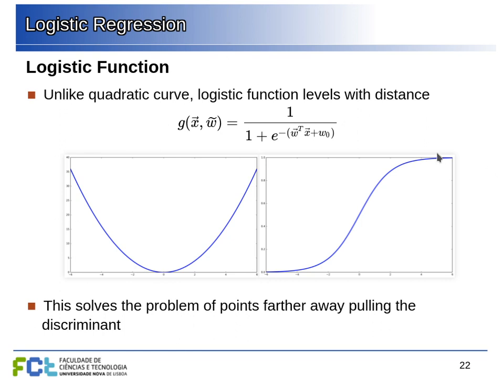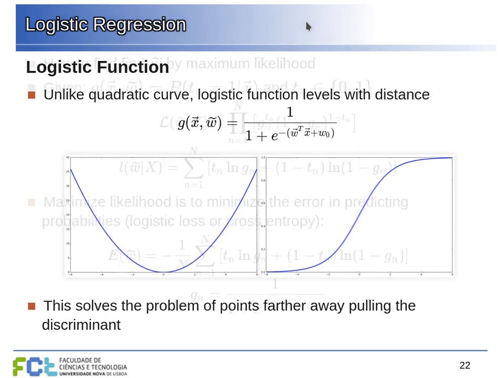So when we're trying to optimize this kind of function, those points that are away from the discriminant will not have much weight unless they are on the wrong side. In that case, we will have a difference between the predicted probability and the actual class that they have.